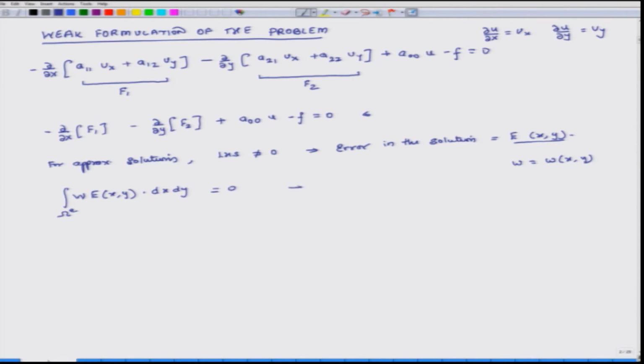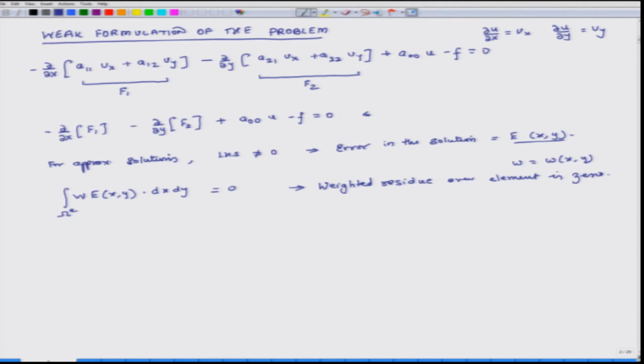So, this is the weighted residue over the element, which is 0. The error is not 0 at every specific point, but the weighted residue over the entire element is 0.